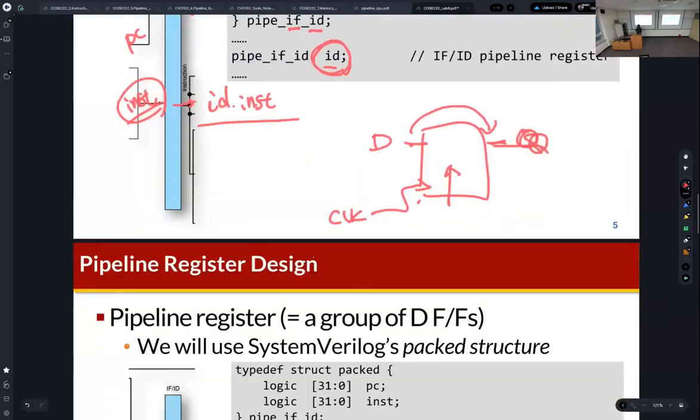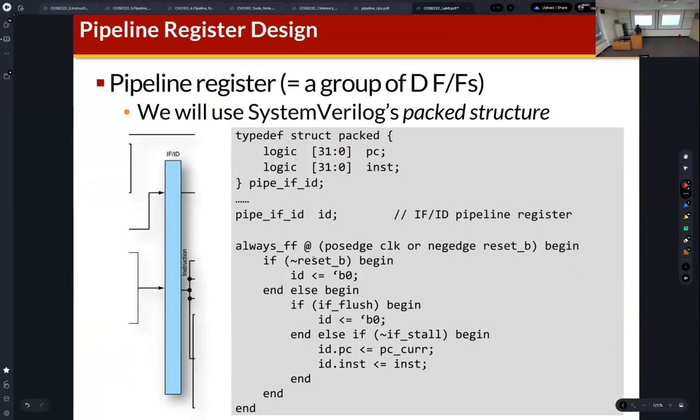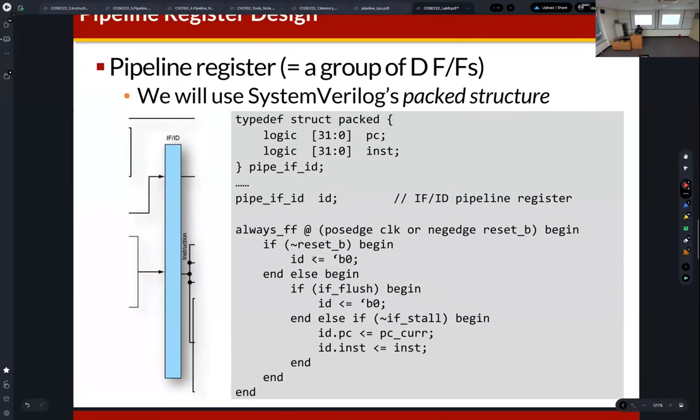Okay, so let's see the implementation of this instruction fetch/ID pipeline register. As I mentioned, this is the structure data type, and this structure includes PC and inst.